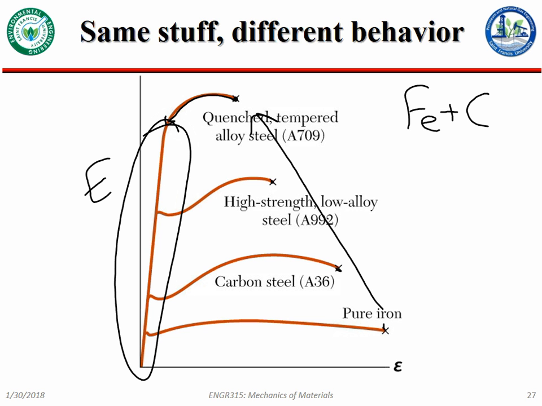So the point is even though each one has different ultimate strength, each one has different yield strength, all these different alloys of iron in this case share at least the same elastic modulus because of their common origins.